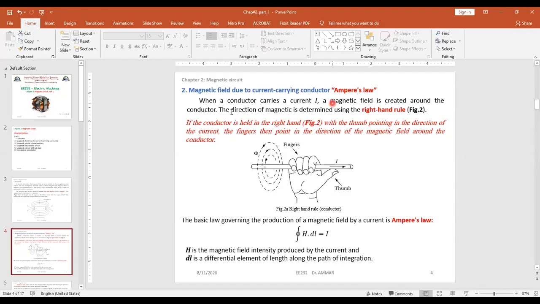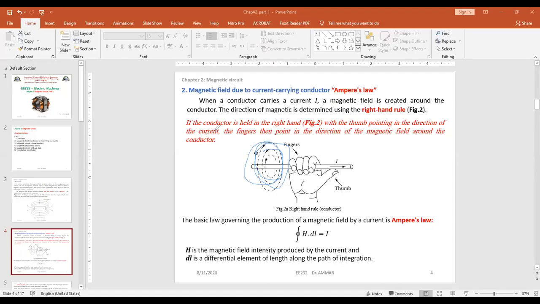Whenever we have a conductor carrying a current, DC or AC, a magnetic field will be created around this conductor, as you see here.